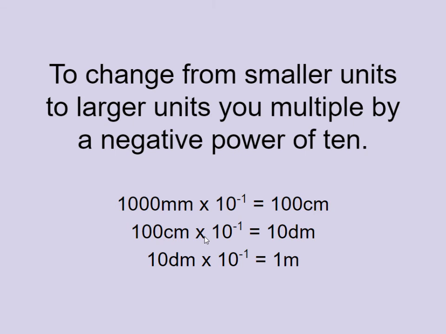So if we're going from a smaller unit to a larger unit, you must multiply by a negative power of 10. So if I'm going from millimeters to centimeters, I'm going to multiply by 10 to the negative 1. So basically, this is just multiplying by 0.1. So any negative means that you're moving the decimal from the right to the left.